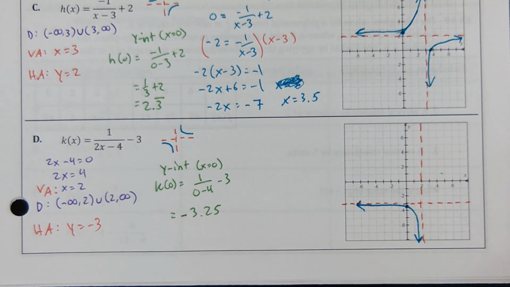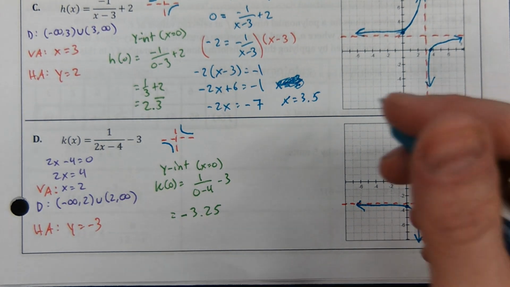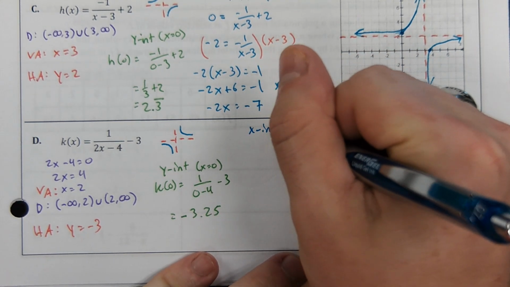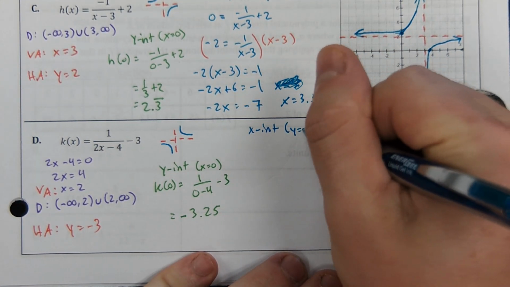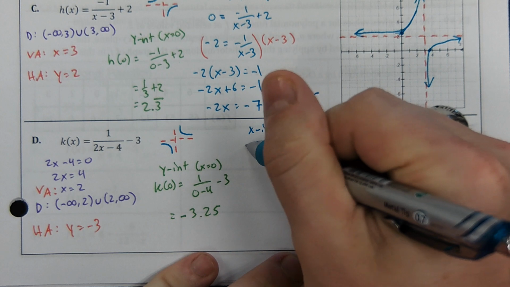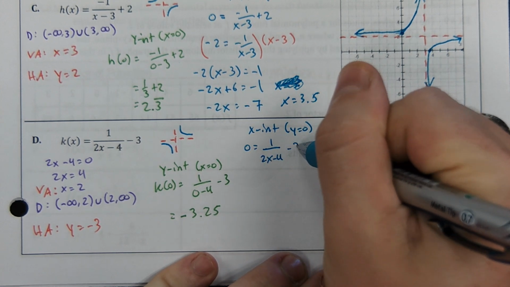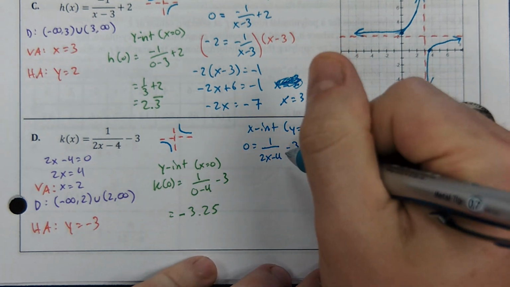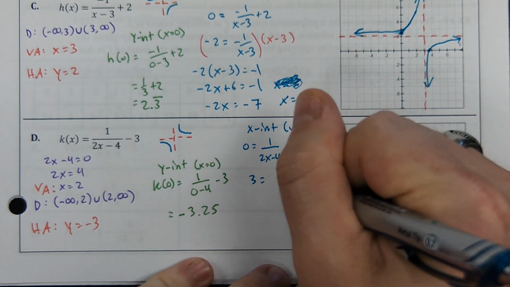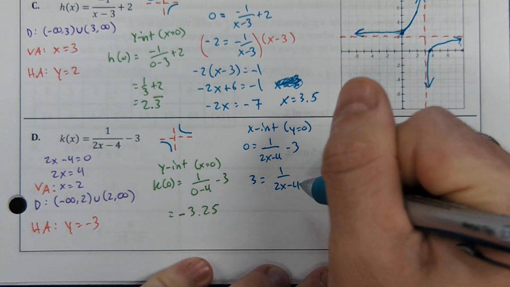Just need to find that x-intercept and call it a day. This one's always going to be more work. So add 3 to both sides. Get 3 equals 1 over 2x minus 4.